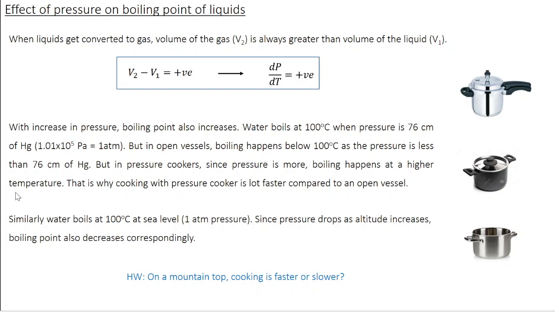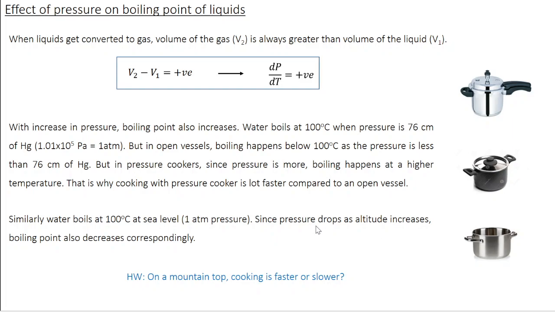That's why cooking with a pressure cooker is a lot faster compared to an open vessel. Same way, if you compare a closed vessel and an open vessel, which one is easier to cook? Of course, our experience tells that the closed vessel is easier to cook. Now, what's the reason? Inside the closed vessel, pressure is higher compared to an open vessel. So the boiling point increases. The cooking happens at a higher temperature here compared to an open vessel.